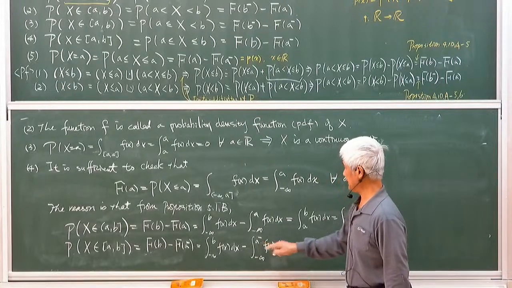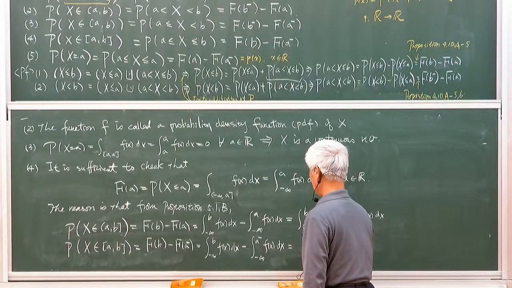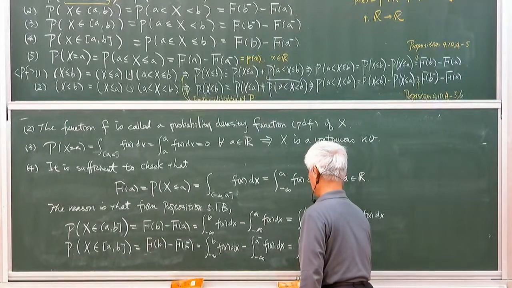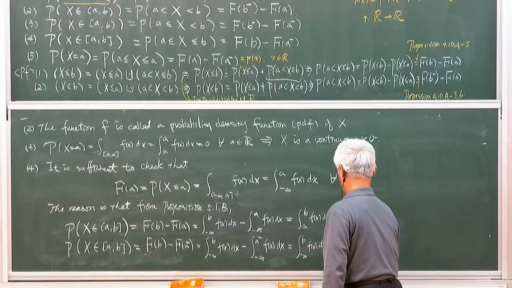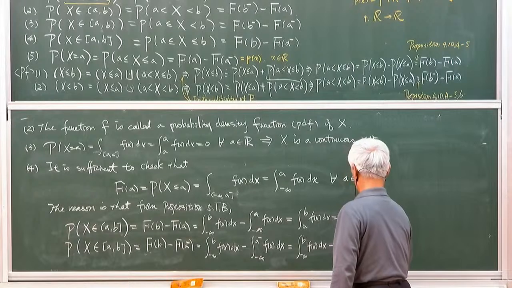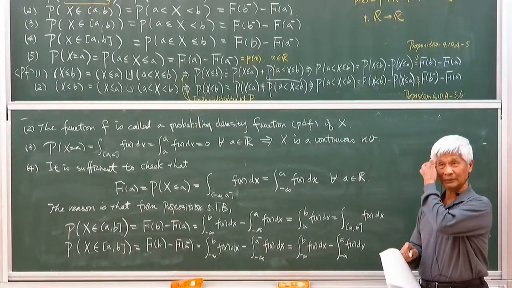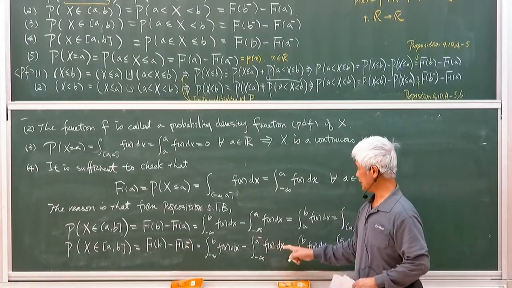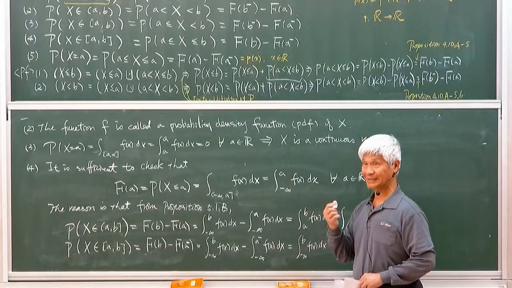So this is a minus, but we know that the a minus is equal to a because we are evaluating the Riemann integral, so that at one point the Riemann integral is always 0.